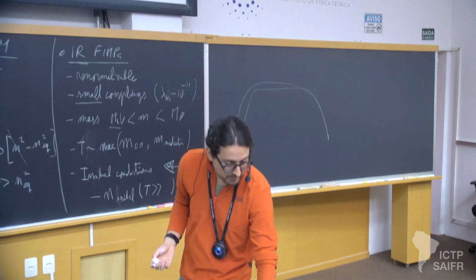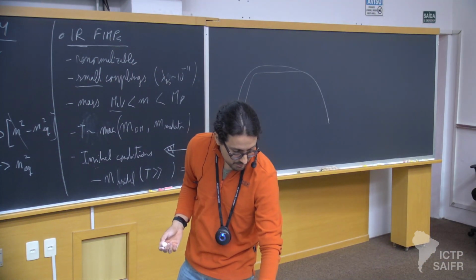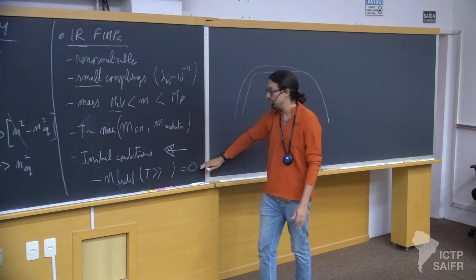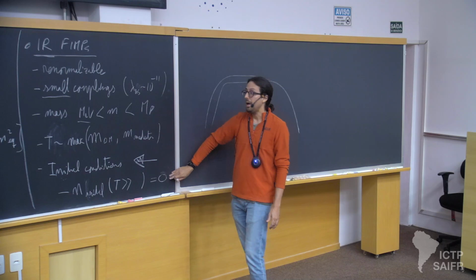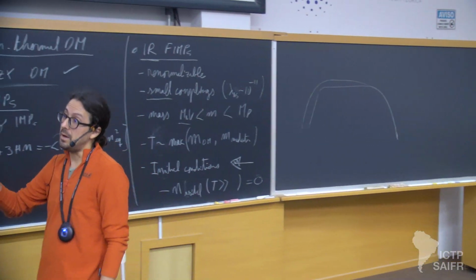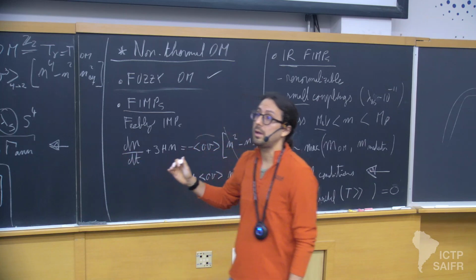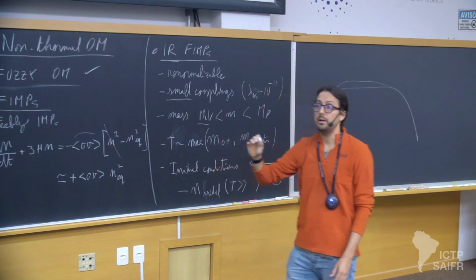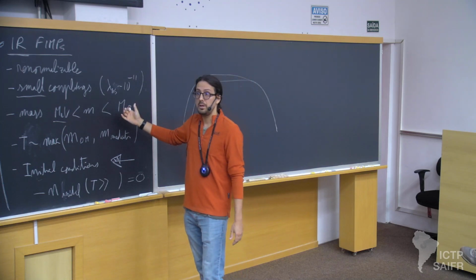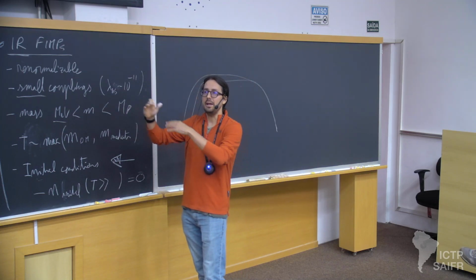The other option is to take the number, you compute this, assuming that there's no initial abundance, you start with this. And then the coupling that you get, you think about as an upper bound. So you can always have a smaller coupling, so you have an underabundance due to the FIMPs. But then you have other mechanisms, so at the end you can fit the bill.